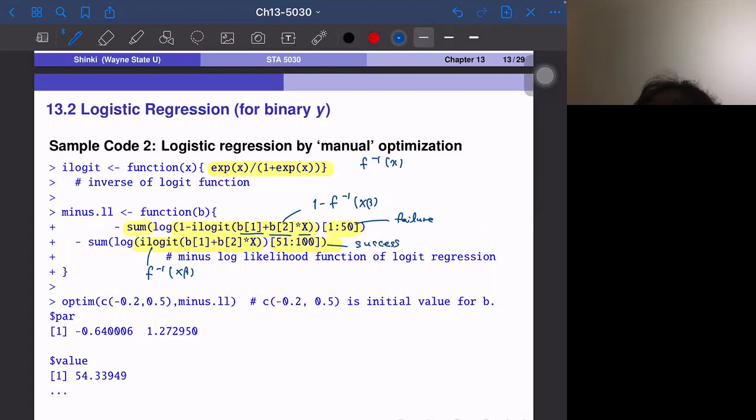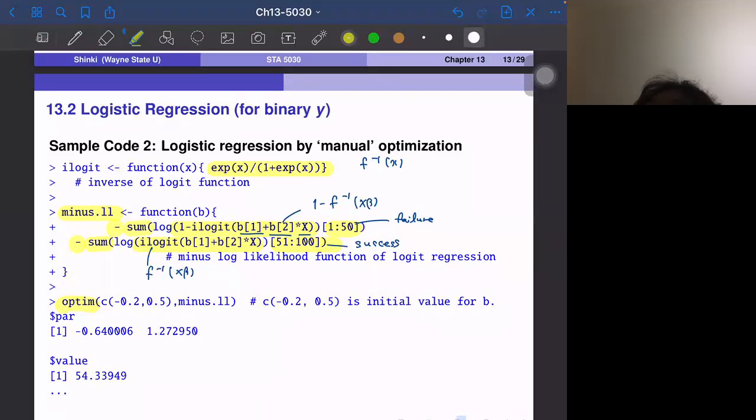So we take summation for both. But we define the negative log likelihood because the optim function in R is a minimize function, not a maximize function. We want to maximize the likelihood, so we define the negative log likelihood and minimize it.